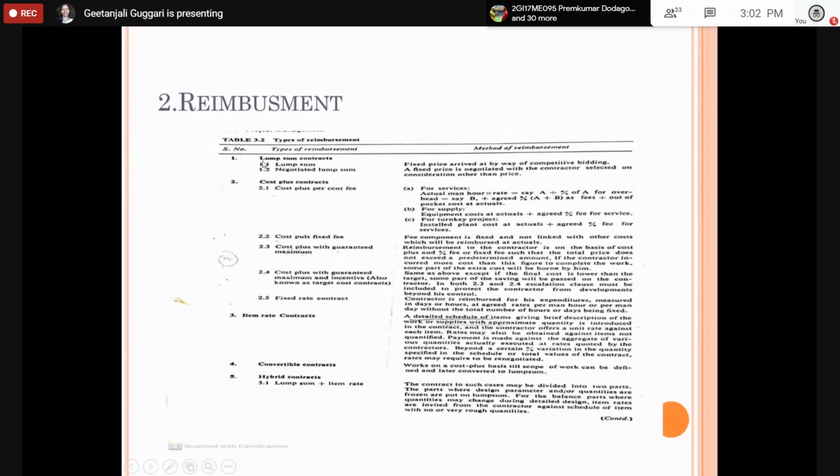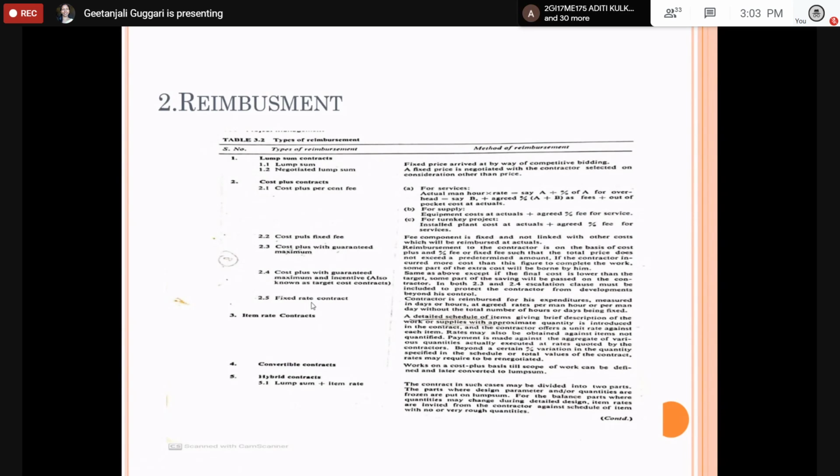So that has been divided into different types of reimbursements: lump sum contractors, cost plus contractors, then item rate contractors. How these contractors will be charged, whether based on per square feet in the case of a construction engineer, or based on the item rate, based on the number of items he is doing.